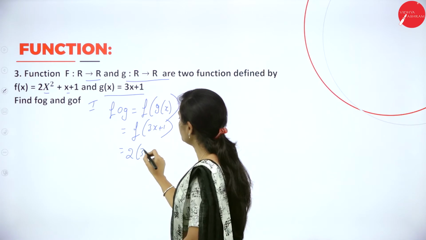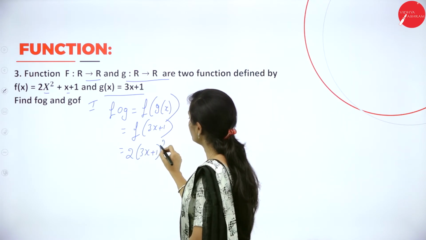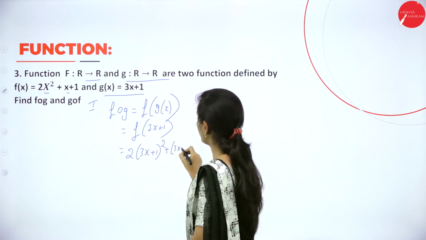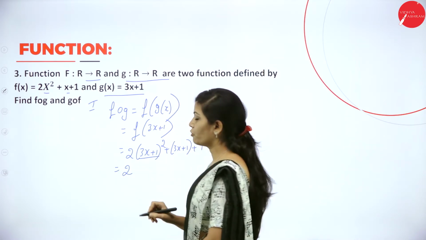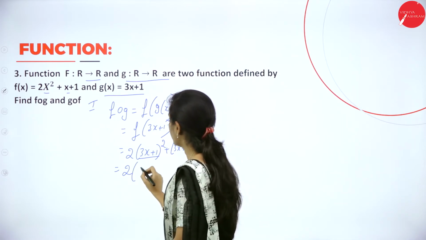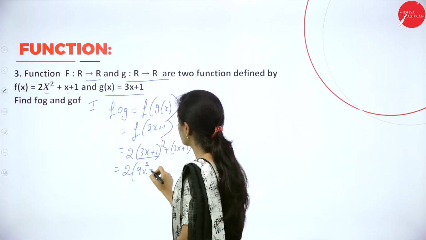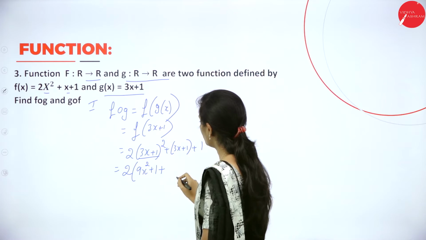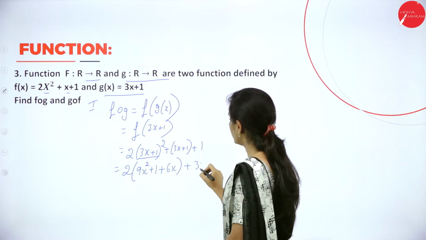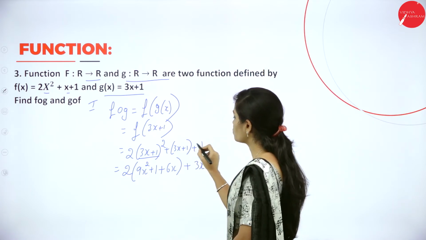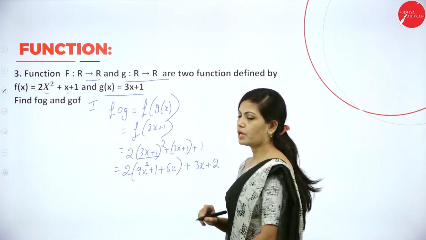So 2 into (3x plus 1) whole square plus (3x plus 1) plus 1. This is in the form of (a plus b) whole square: a square plus b square plus 2ab.